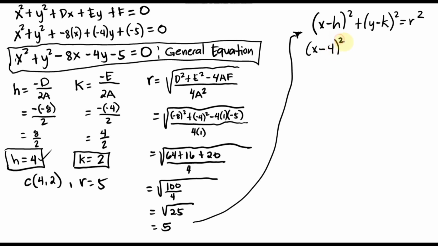Then raised to 2 plus y minus 2, that is the value of k, raised to 2 equals, ang r natin is 5 raised to 2. Then simplify, x minus 4 raised to 2 plus y minus 2 raised to 2 equals 25.